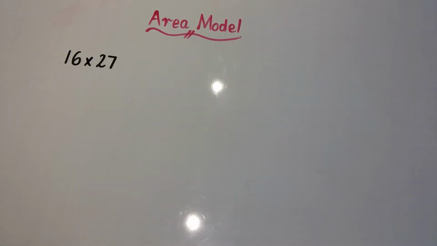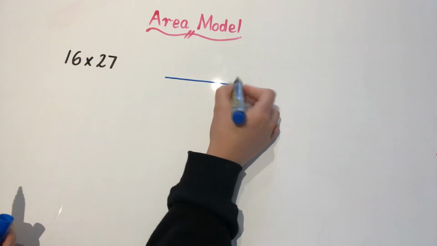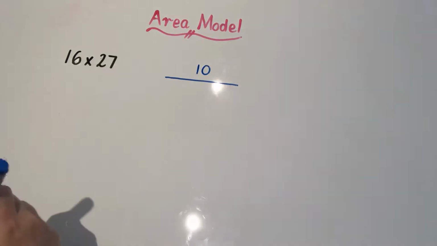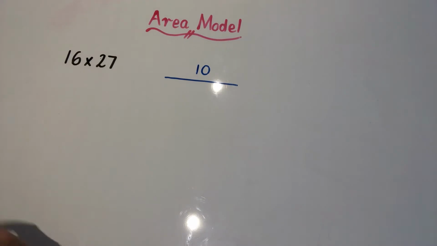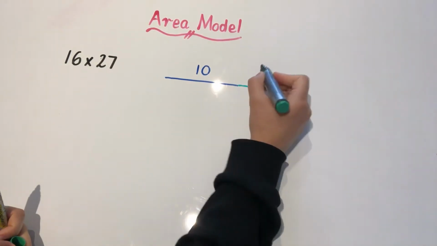So we're going to represent that using a diagram. For the length over here, this represents 10. And then the next part, I'm just going to use different colours just so you can see. I've got 10 plus 6.